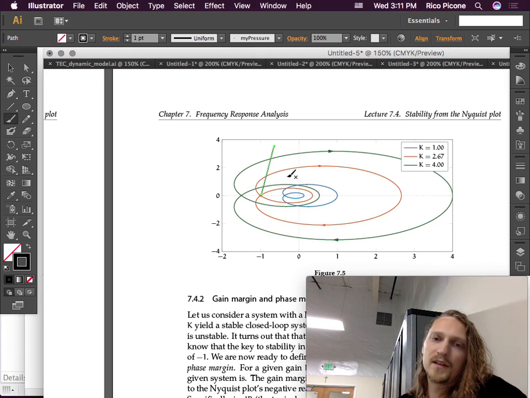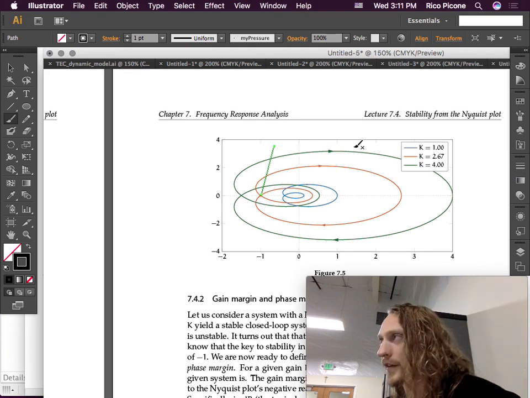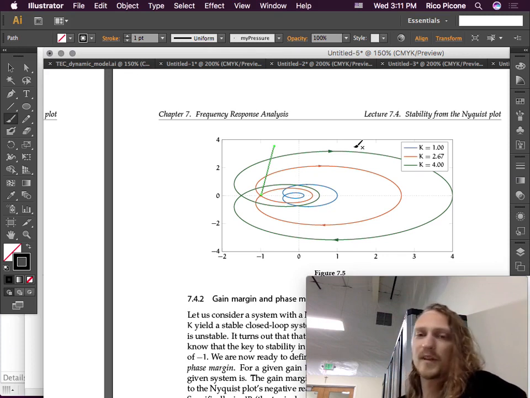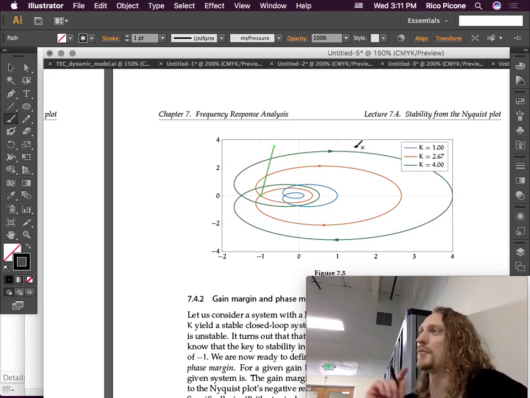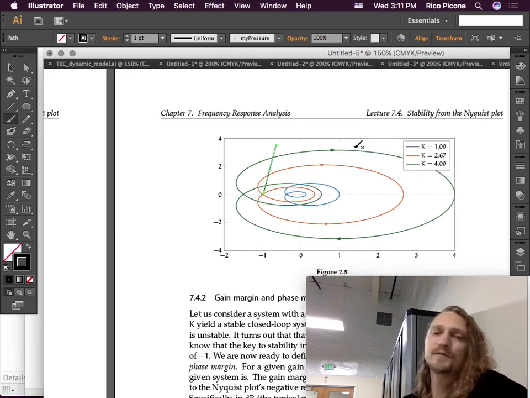So this encirclement there is clockwise, right? And then this encirclement here is also clockwise. So it's 2 clockwise encirclements, which is to say n equals -2, because n is the number of counterclockwise encirclements of -1. So since this is 2 clockwise, then n equals -2.